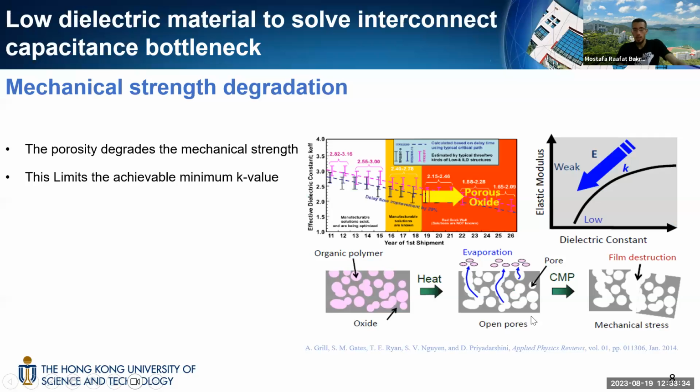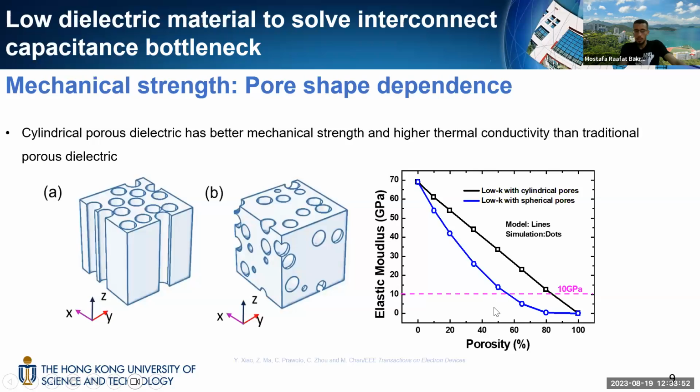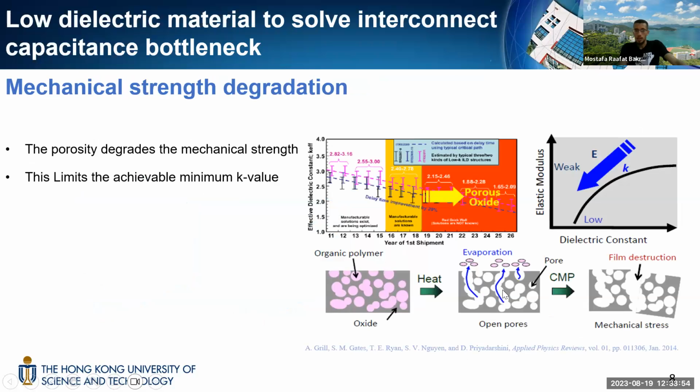But this technology has a serious drawback because the spherical pores can degrade the mechanical strength because of their random nature. This can form a short path of spherical pores, as shown here, and this causes the elastic modulus to be reduced and the mechanical strength is degraded.